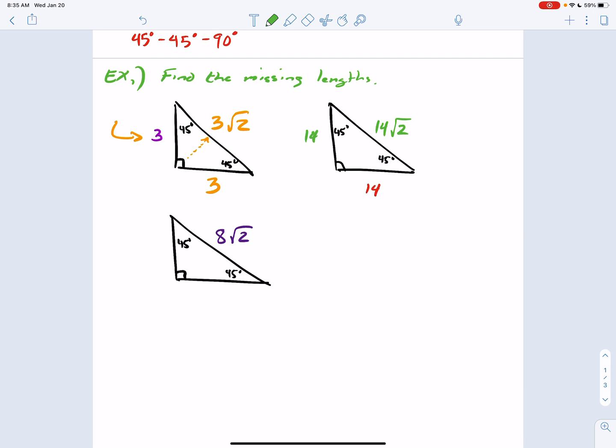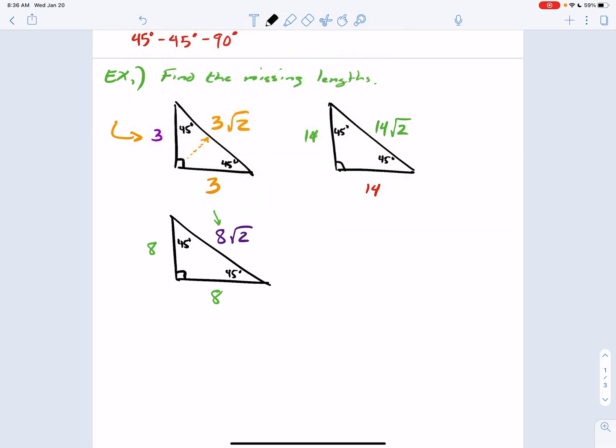Okay, so here we're given the hypotenuse, which is 8 radical 2. Well, I know that the hypotenuse always has a radical 2, but the number in the front is what's going to be represented for the legs. So the two legs here are going to be 8 and 8. Okay?